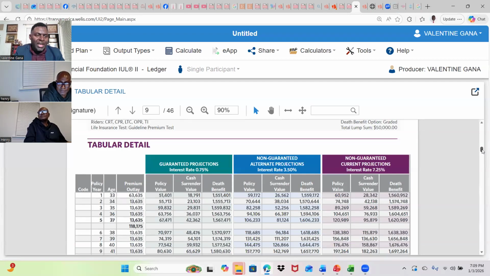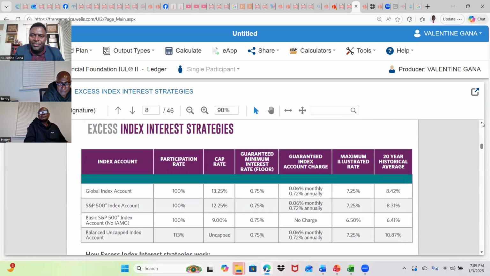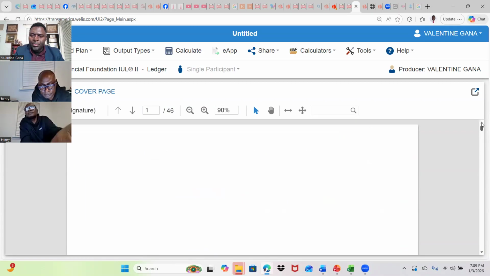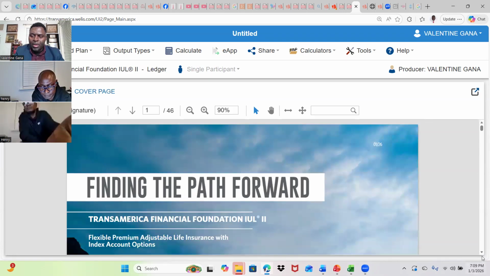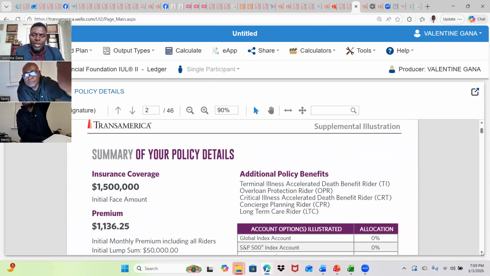This one was index universal life. You can see the original face value for this policy was $1.5 million. The premium was 1136.25.